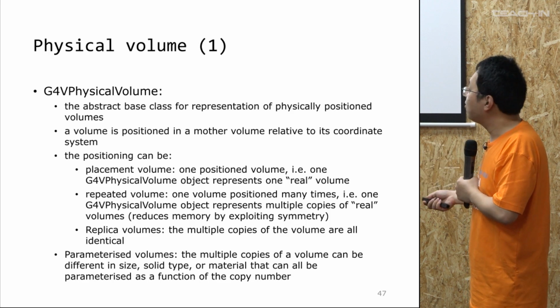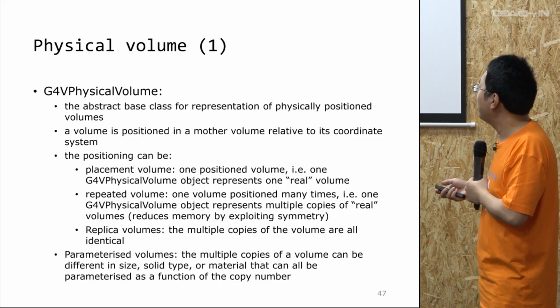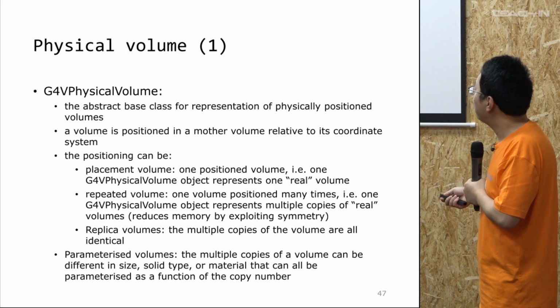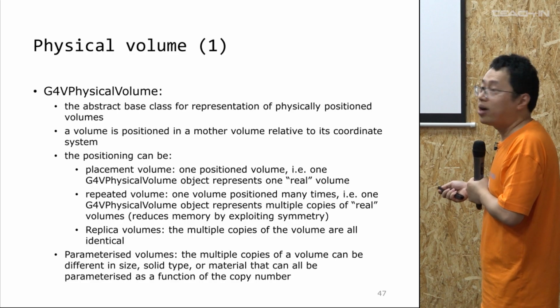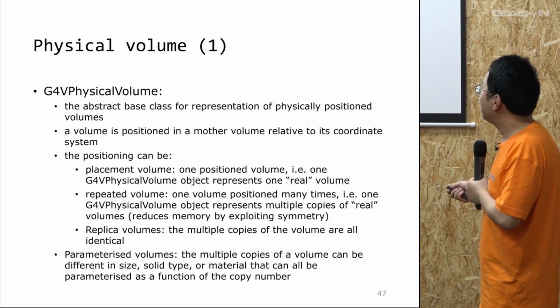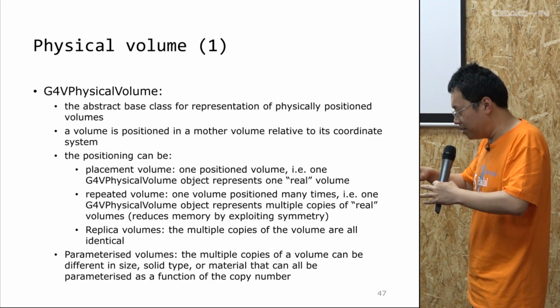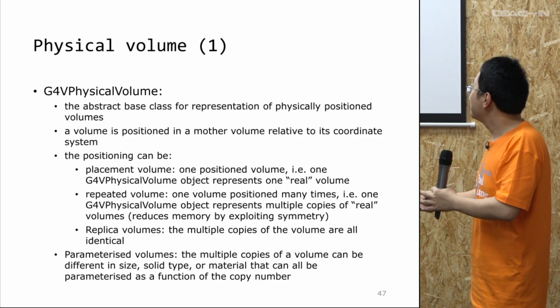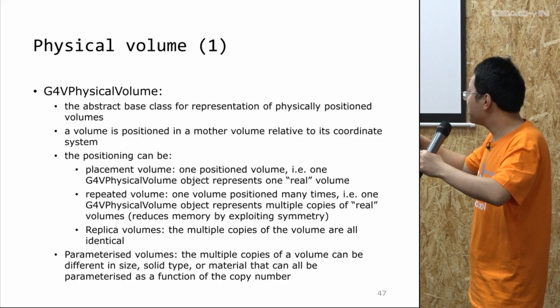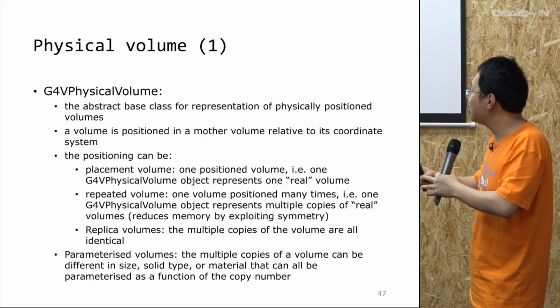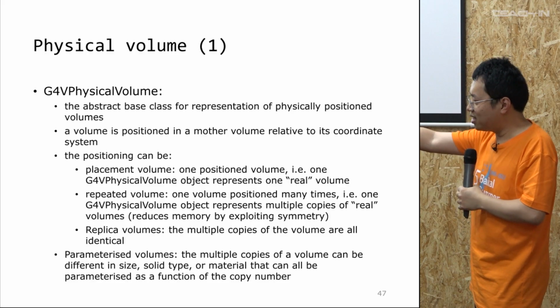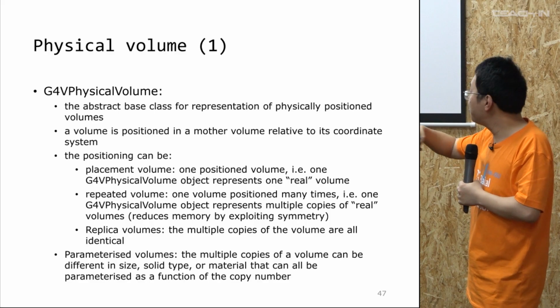And if you have even more complicated requirements, Geant4 also provides so-called parameterized volumes. So you can make the shape bigger or shorter, smaller, and also place it in different positions.